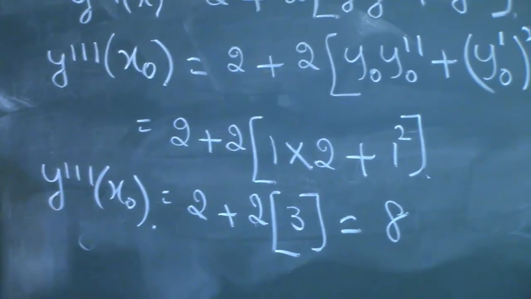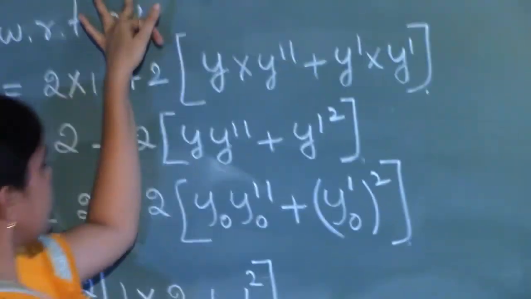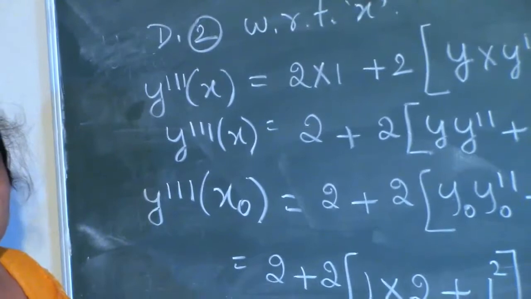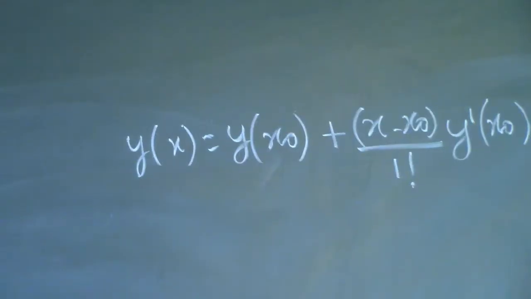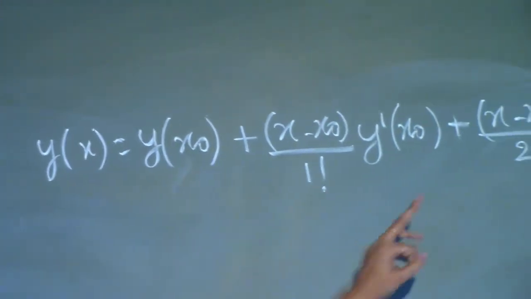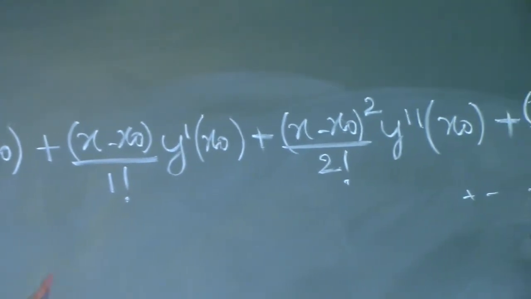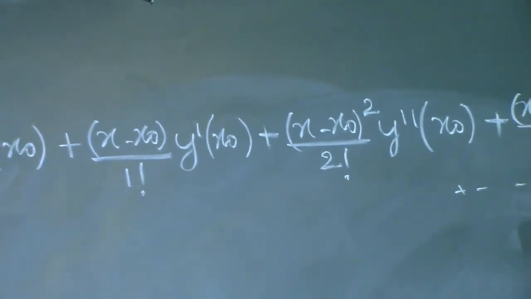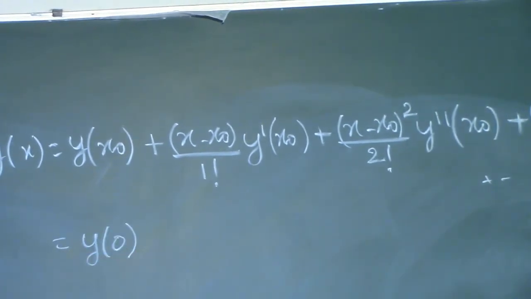Now we got all the values. It is y dash of x naught value, y double dash of x naught value and y triple dash of x naught value. Now substitute all these values in the main formula. Substitute the values of y of x naught, y dash of x naught, y double dash of x naught and y triple dash of x naught. So before substituting the values, we have to mention here x naught value. It is that x naught value is 0.